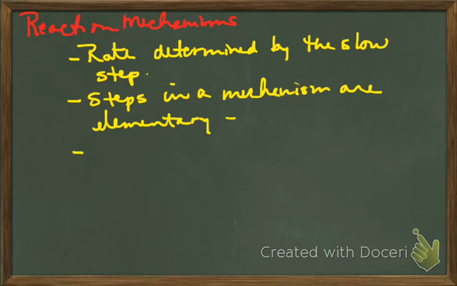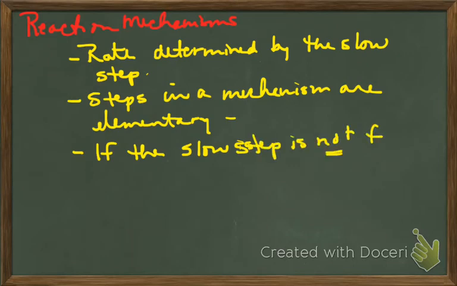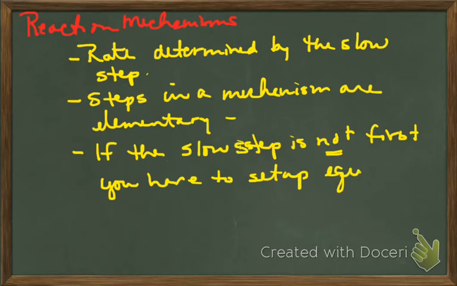Okay, and if the slow step is not first, you have to set up equilibrium equations for earlier steps.